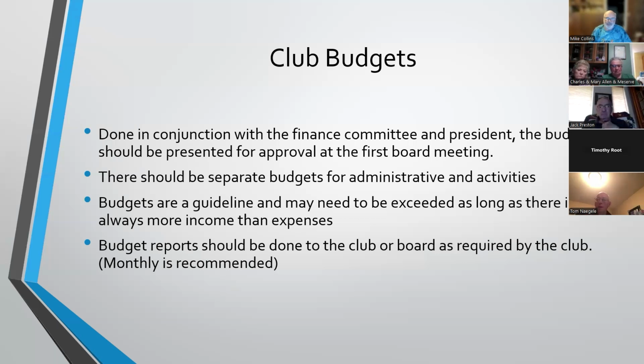If you have a budget and your bylaws say you can do this, the treasurer can write checks for pre-approved budgeted items. So you don't have to go to the club or the board for every single check. That's one of the advantages of having a budget, if your bylaws are written that way.